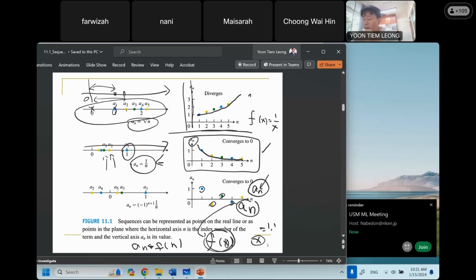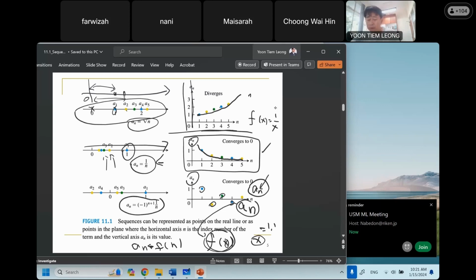But overall, the magnitude of the sequence an becomes smaller and smaller as n increases to infinity. So in this sense, an does not really look like a function, but the magnitude of an actually behaves like a function of 1 over x. So we call this kind of sequence an alternating sequence.